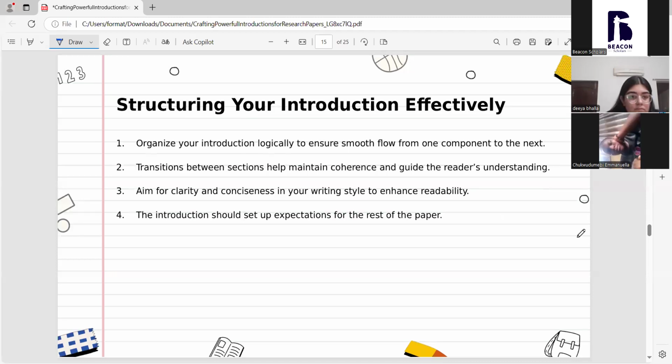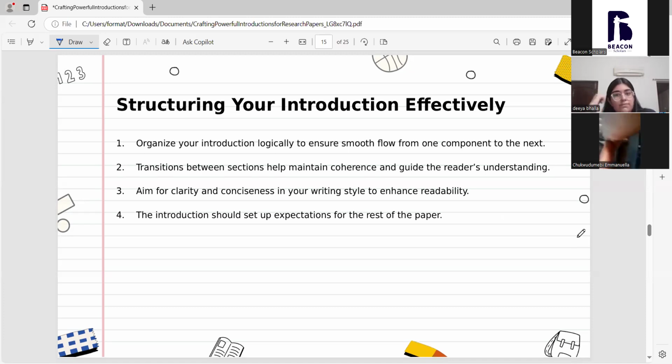So, structuring your introduction effectively, you will organize your introduction logically to ensure smooth flow from one component to the next. In the last part, I talked about the five or the four elements that you should take into consideration while writing your introduction.